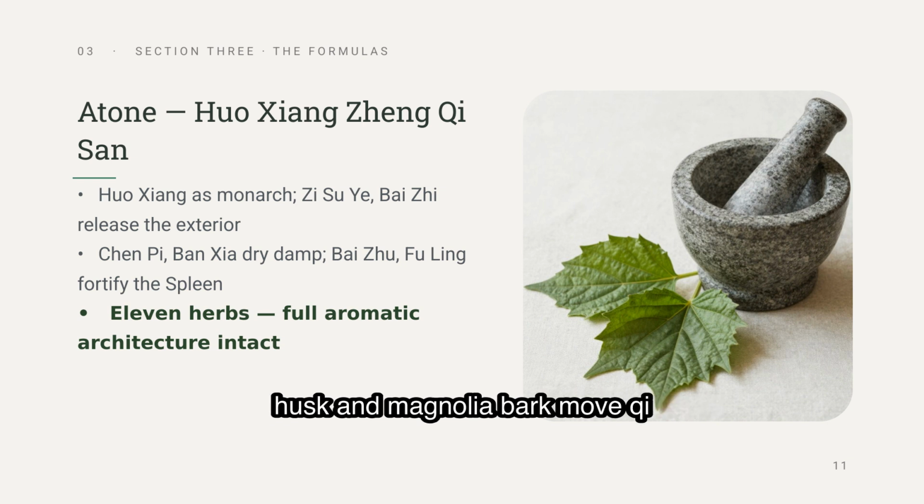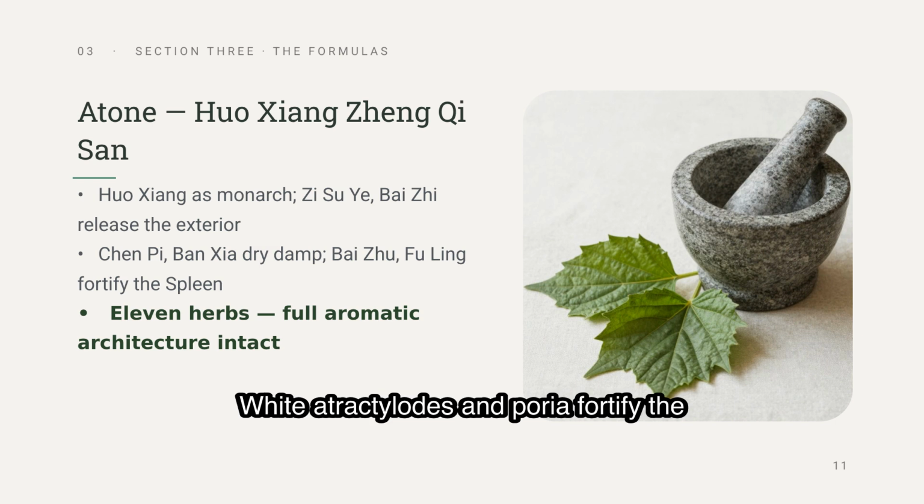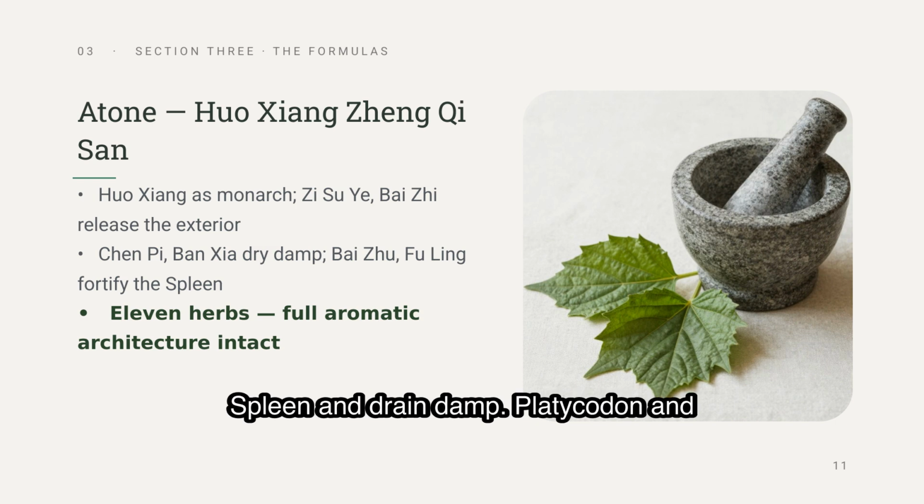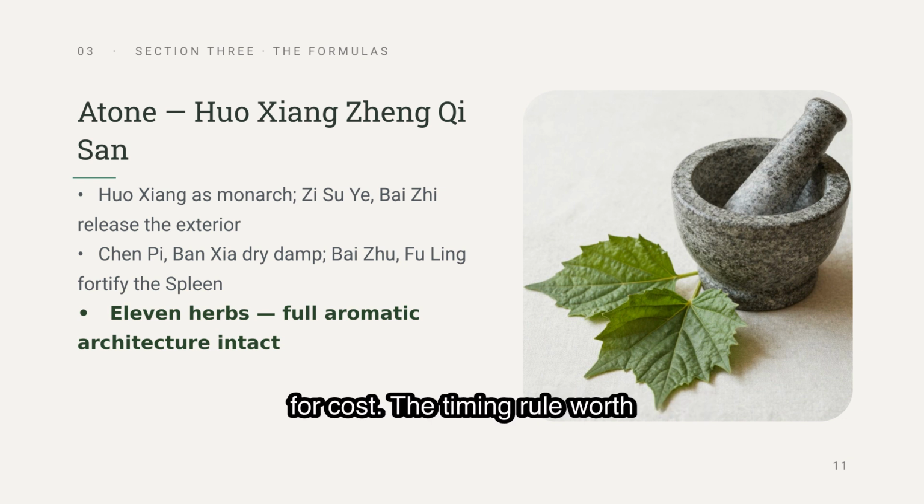Areca husk and magnolia bark move qi and relieve fullness. Tangerine peel and pinellia dry damp and settle nausea. White atractylodes and poria fortify the spleen and drain damp. Platycodon and licorice open the chest and harmonize. 11 herbs, with the full aromatic architecture kept intact rather than trimmed for cost.